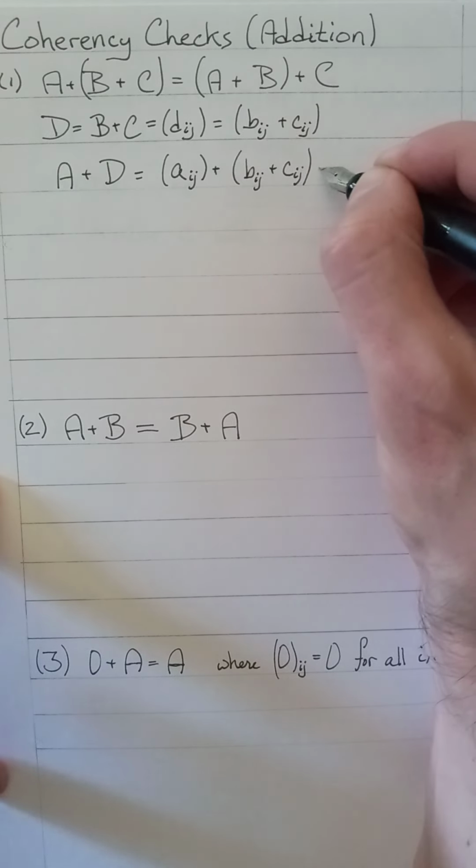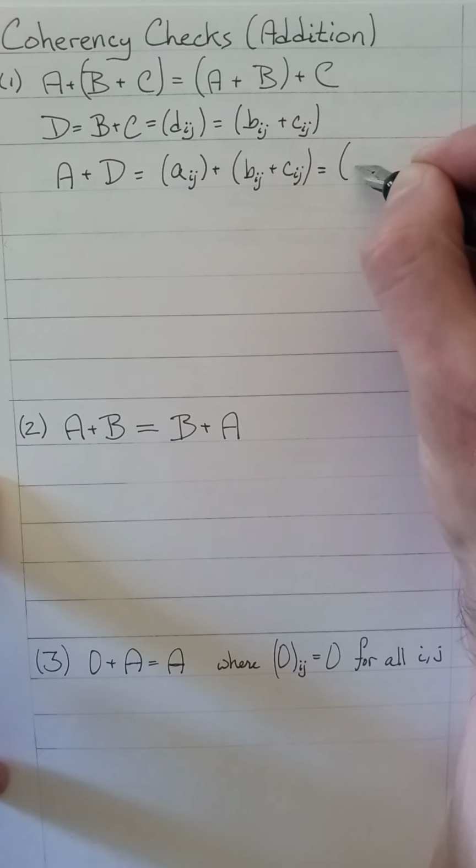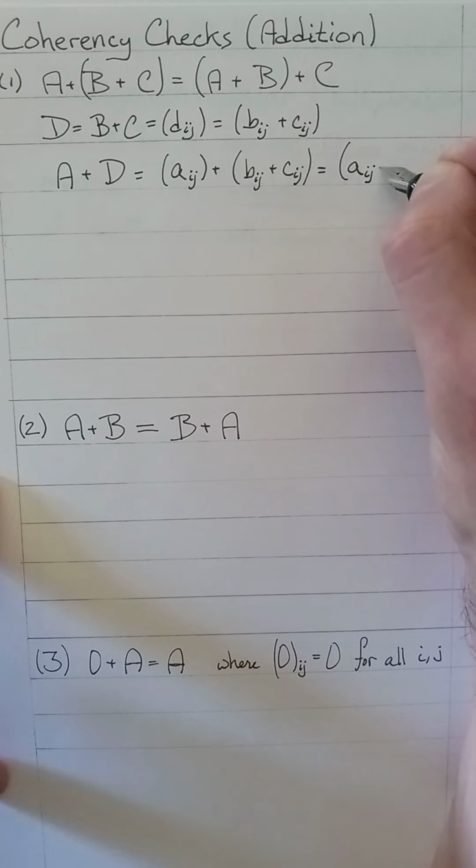Now we combine them into a single matrix, a_ij plus parentheses b_ij plus c_ij.